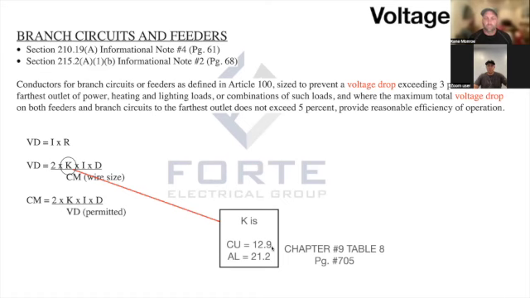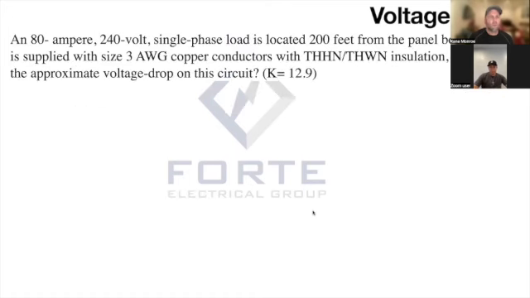We talked about that last time. This statement here, they're going to ask you 3% and 5%, and then your K is what's highlighted in chapter 9, table 8.